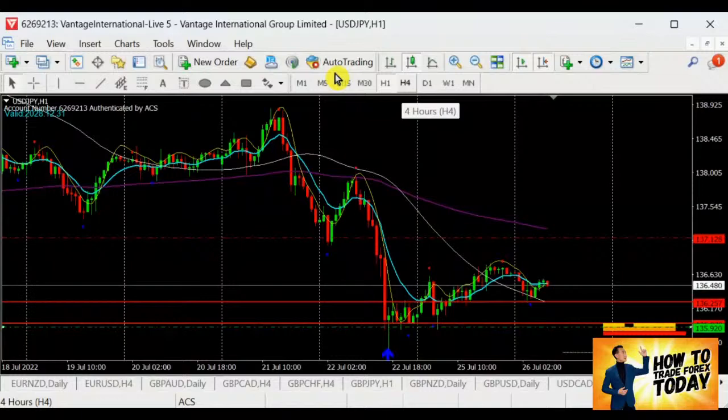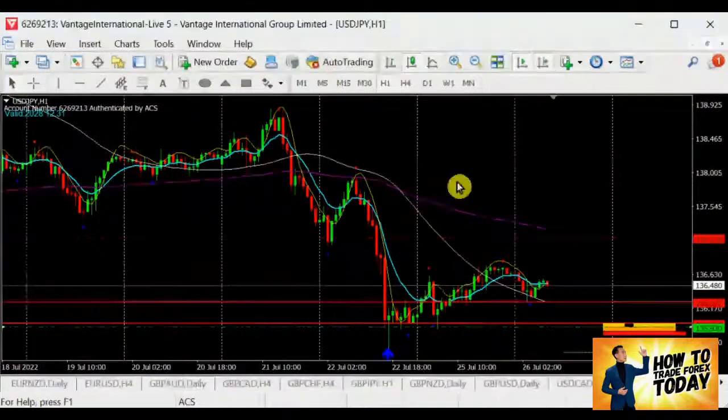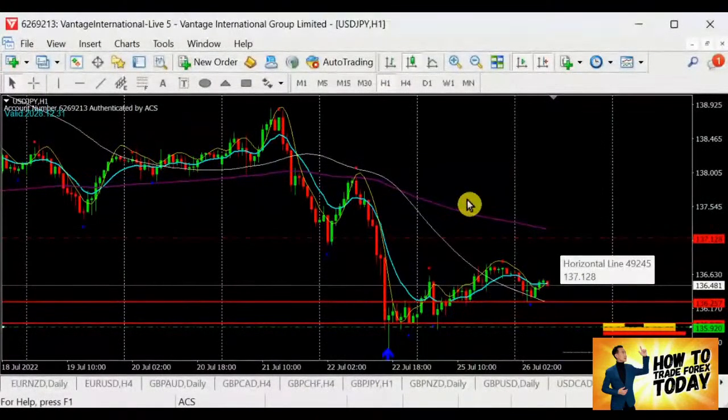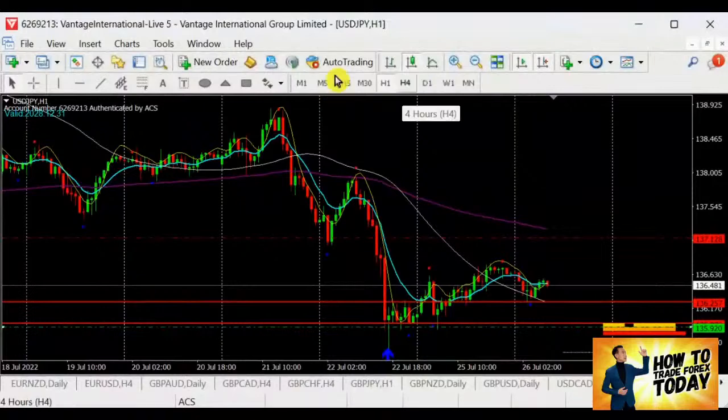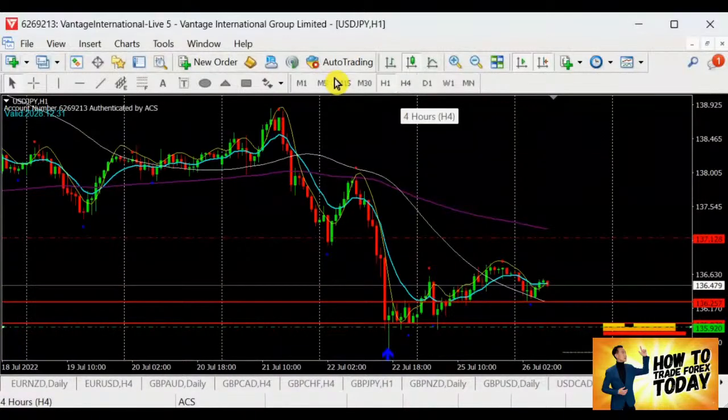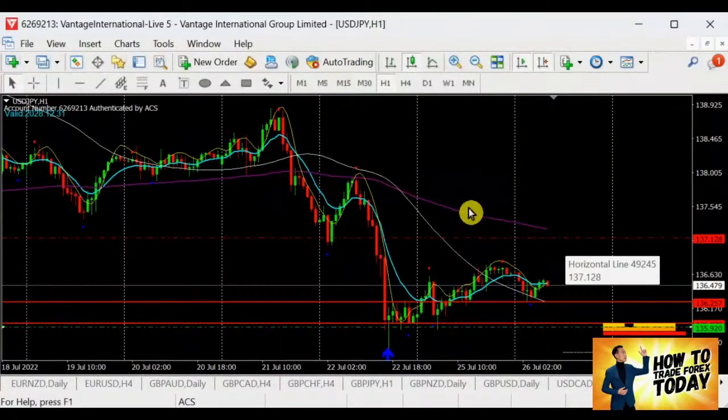So for the dollar yen, I wish to see that it meets up the resistance there, then I will have a good chance to sell. I'm waiting for that. That's for dollar yen. I still see there's a chance of selling, it's just that I will still prefer to wait for it to go up to the resistance before I take action.